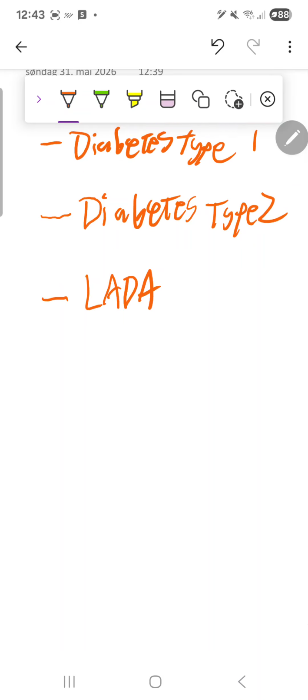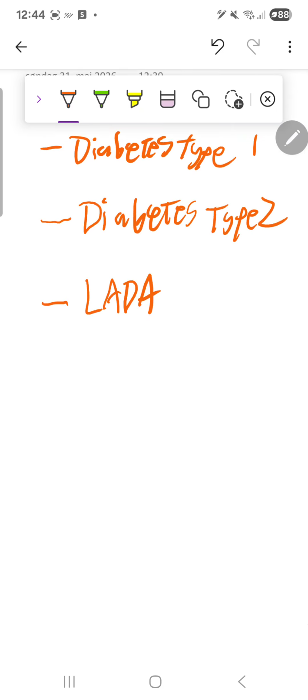And it's called this because the diabetes typically occurs at a late onset of age, where the typical patient is over 30 years old. And some people call this diabetes type 1.5 because it shares common traits with type 1 and type 2. And a simple way to put it is that it's basically a diabetes type 1, but the onset is much later.